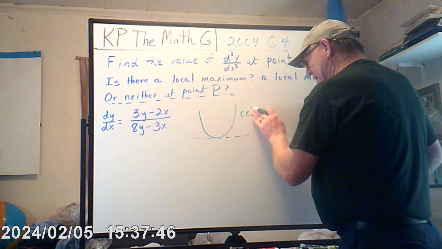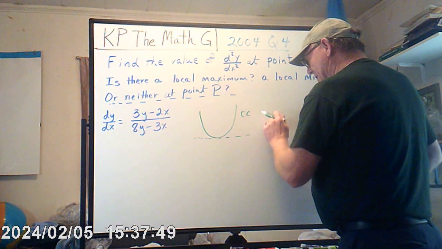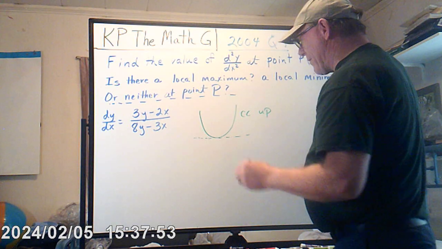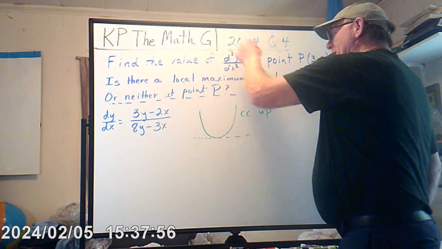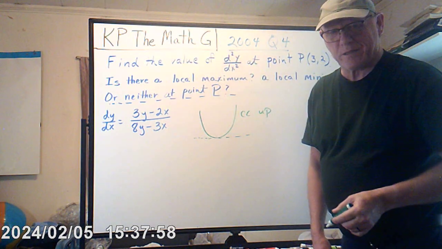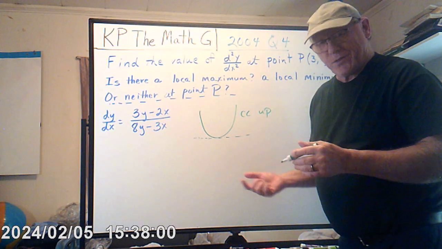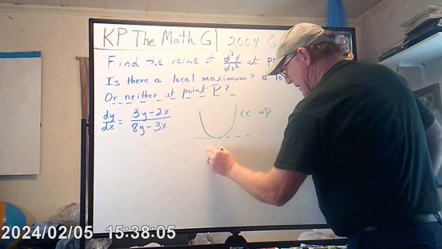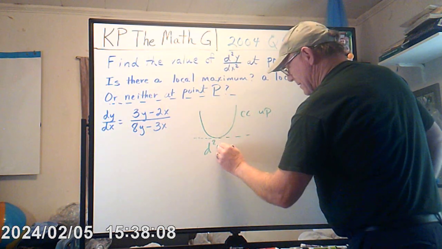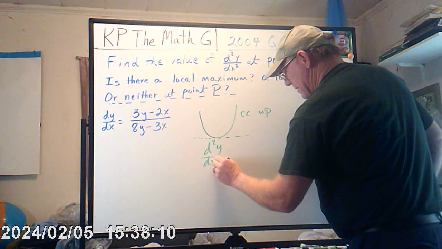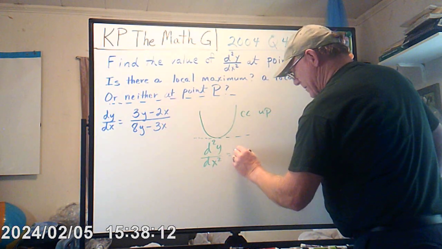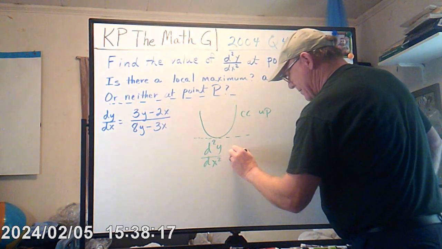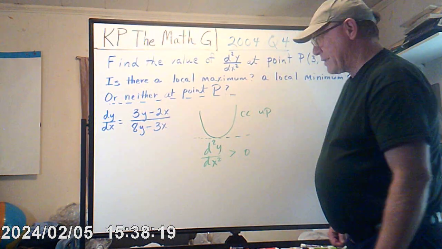If it is concave up, what do you know about the value of the second derivative? The answer is going to be positive, isn't it? So that means that this is going to be greater than 0. Greater than 0. Concave up.